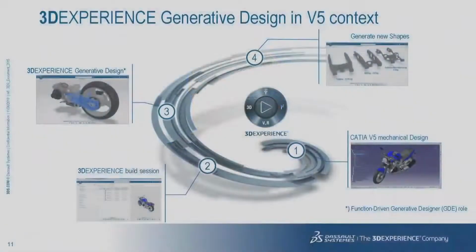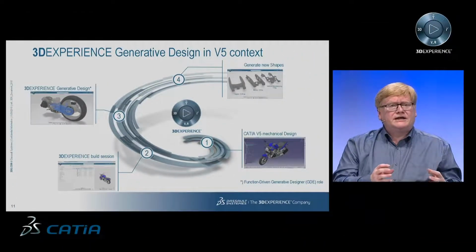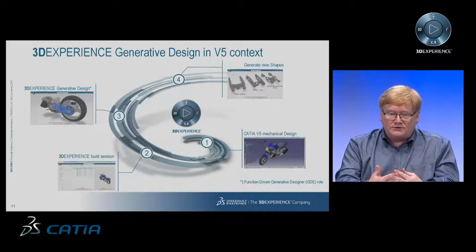So let's start with the first of those, which will be 3D Experience generative design, where we're starting at step 1, where we have a CATIA V5 mechanical designer, a mechanical design of a motorcycle. We'll bring that data in by simply saving it into the 3D Experience platform. Then we'll take part of that motorcycle and redesign it using function-driven generative designer, where we can optimize and therefore reduce the weight of the existing part.